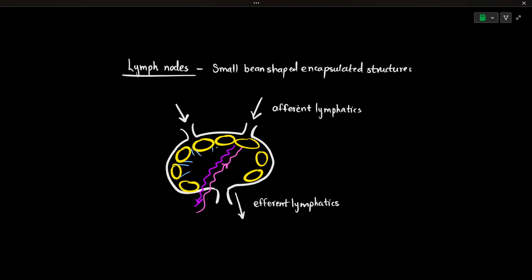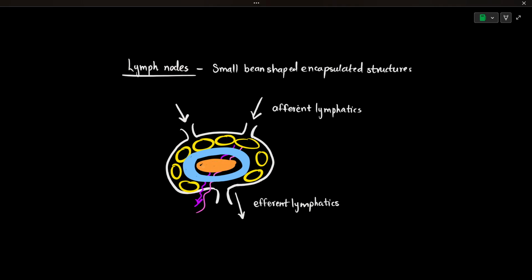This middle region that I'm representing by blue color is the paracortex, and the innermost layer is known as the medulla. Let me draw the medulla in a different color.